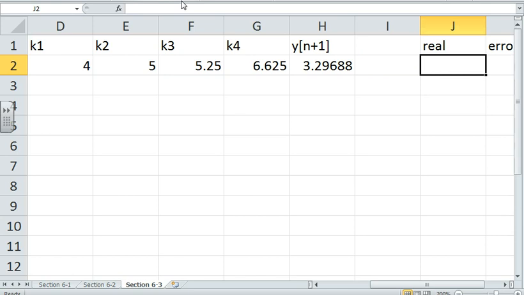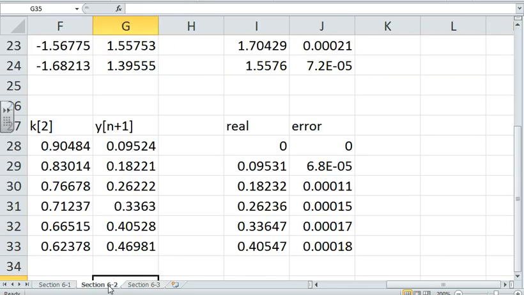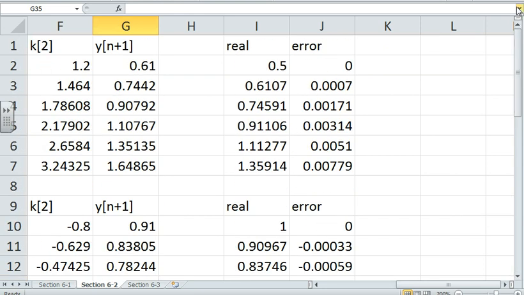And then my real answer, we'll go get my real answer from yesterday. That doesn't look anywhere near the right answer, does it? Oh, well, of course it wouldn't, because this is a different spot. Okay, so we'll get our real answer and our error, both from yesterday.